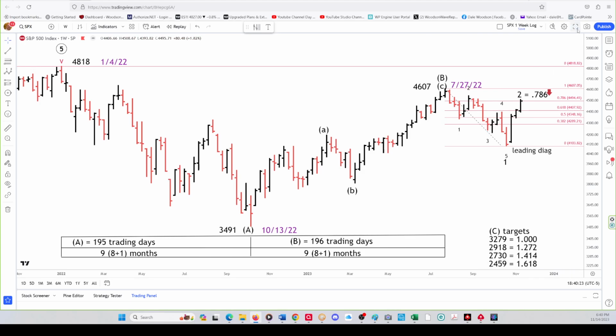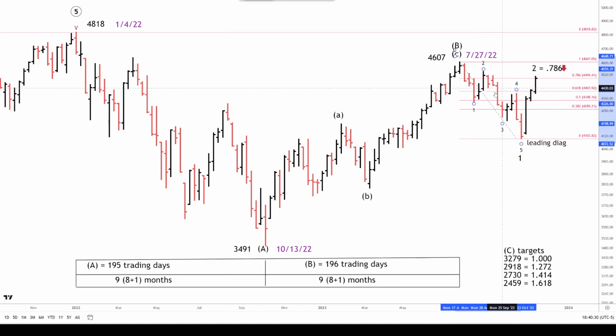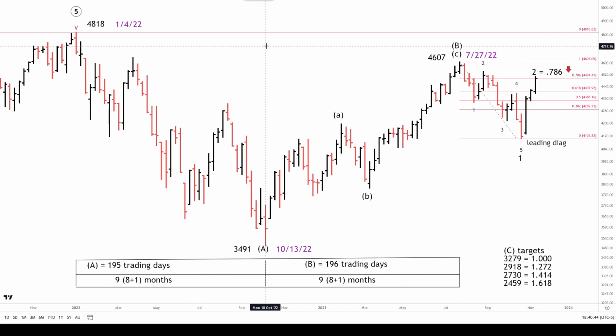Okay, so we're looking at that C wave. There's the first wave down, 1, 2, 3, 4, 5, with the 4 overlapping the 1, which makes it a leading diagonal. Wave 2 up, you may notice, is right on the 786 retracement, and that's a theme of today. We'll show you guys more about that upcoming here.